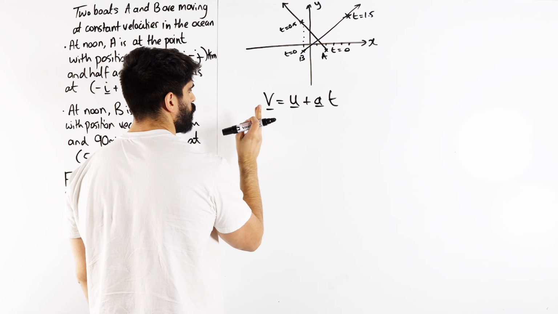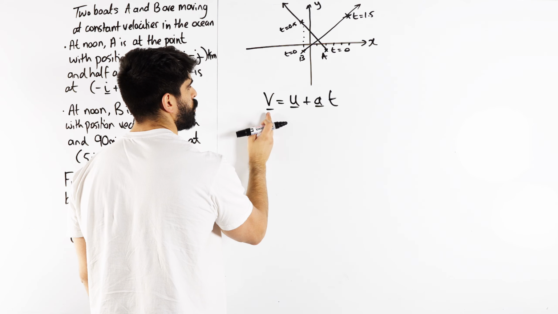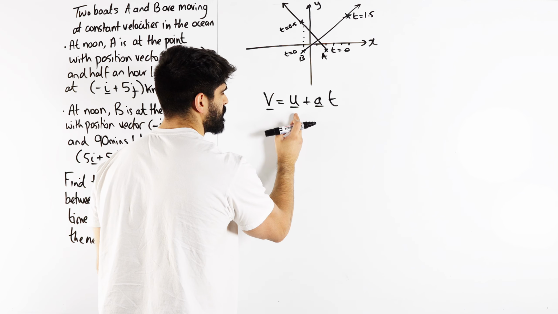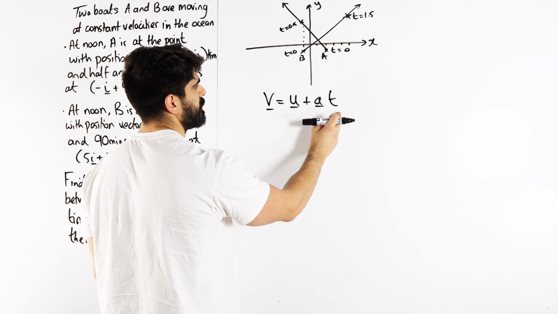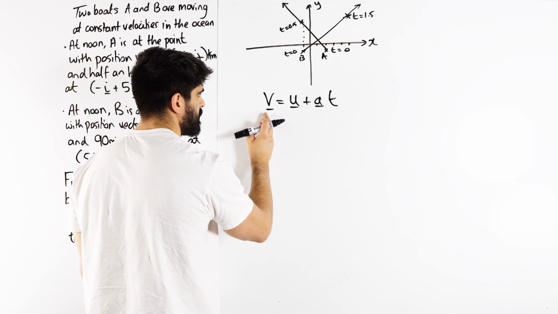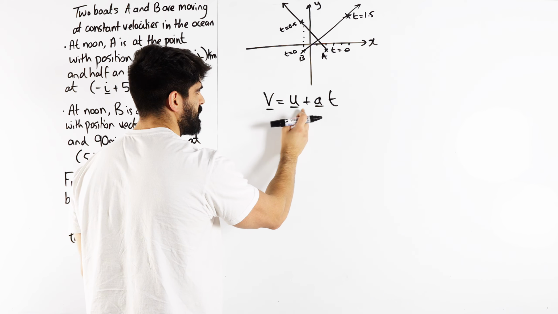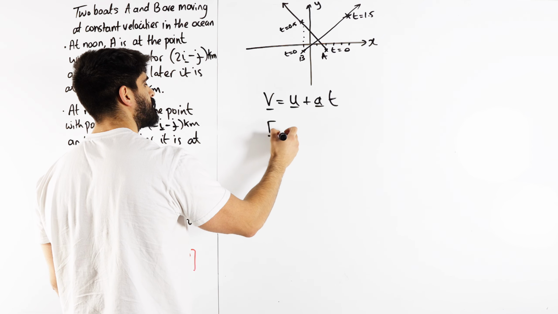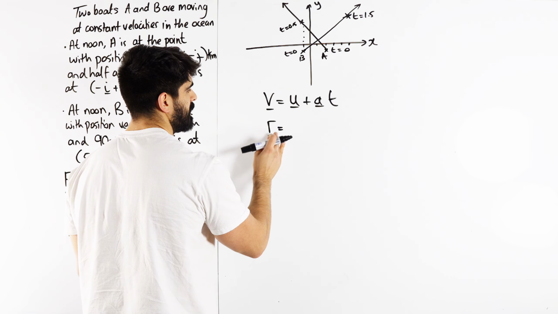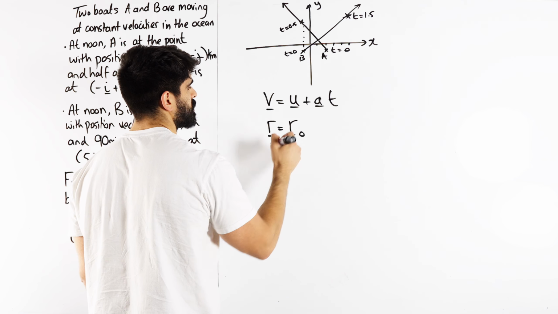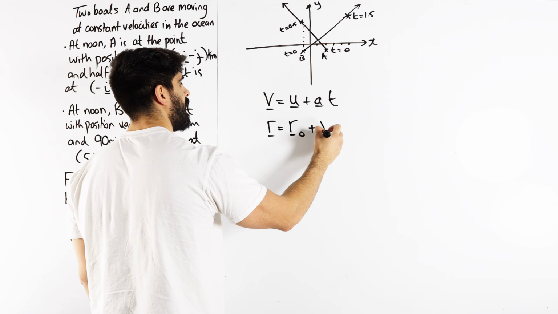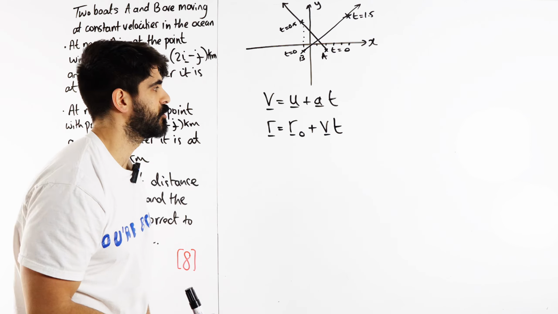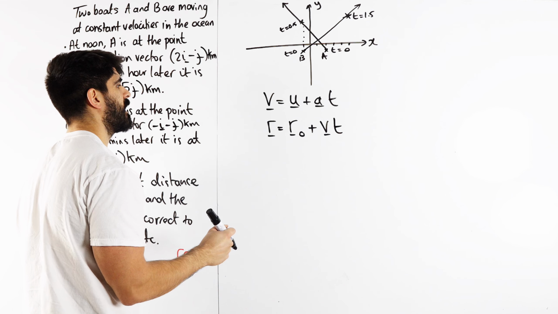It says your velocity is determined by your initial velocity and your acceleration over time. Here, in our case, our displacement, our position, depends on where we started and our velocity over time, because your velocity determines your direction of motion.